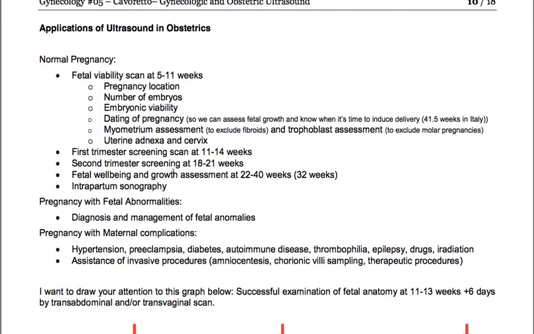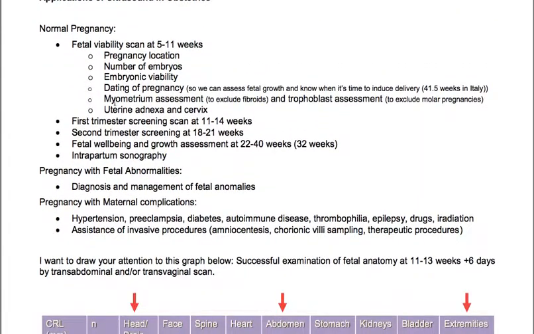Applications of ultrasound in obstetrics are: in a normal pregnancy, we have a fetal viability scan at 5-11 weeks. So we have pregnancy location, number of embryos, embryonic viability, dating of pregnancy, myometrium assessment, uterine adnexa, and cervix.